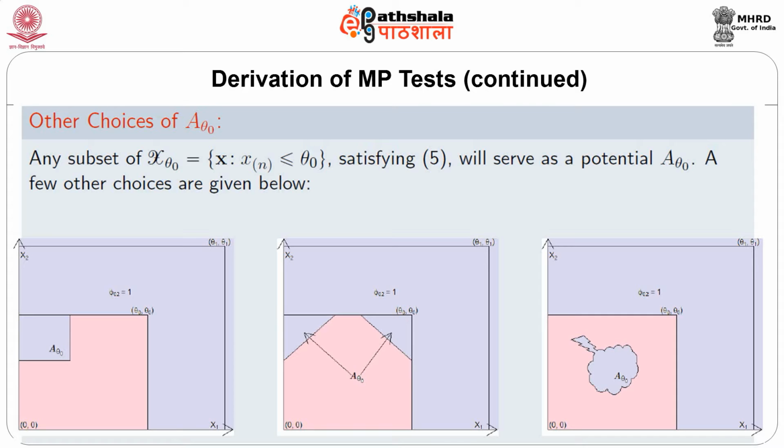You can select A theta naught like this and this, so that the total probability of this plus this is alpha under H naught. You can select a region like this, but the probability of A theta naught under theta naught must be alpha, the size alpha test.